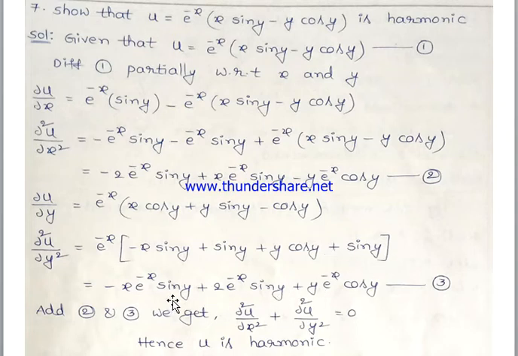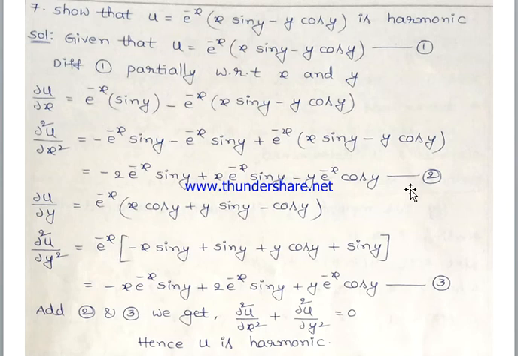You can simplify it: sin y plus sin y is 2 sin y, so we get -x e^(-x) sin y + 2e^(-x) sin y + y e^(-x) cos y.